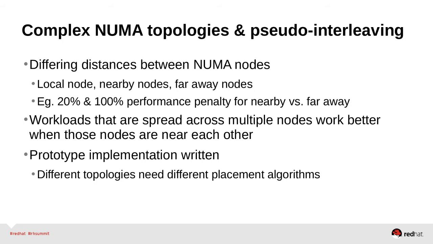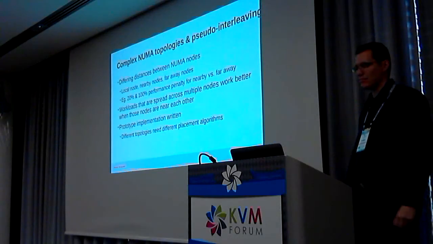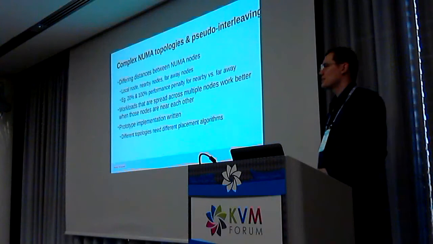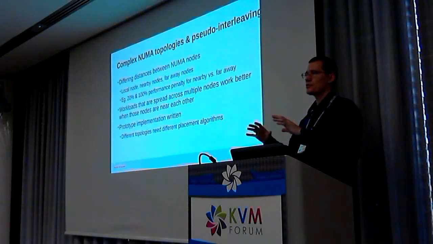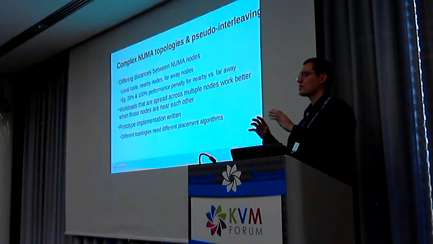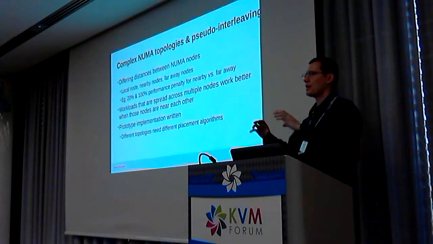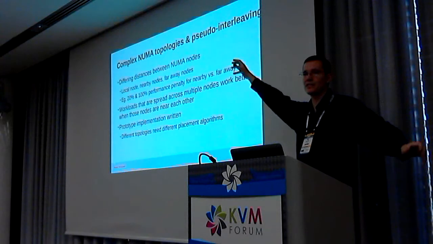On the big HP system that I showed the diagram of earlier, if we have 4 workloads that each use 2 NUMA nodes, we want those 2 nodes for each of those programs to be nodes that are sitting right next to each other, and not nodes that are all the way on the other side of the system.